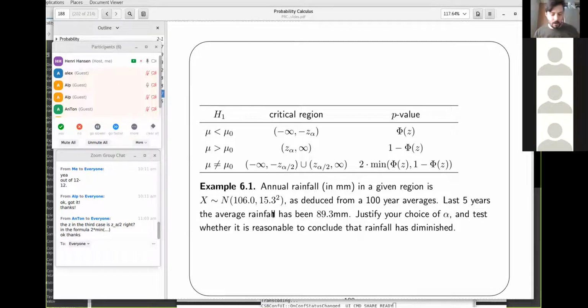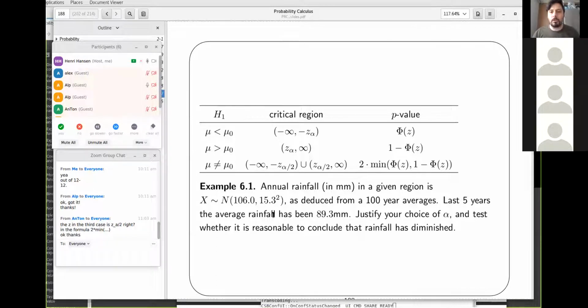Good. The question asks, is it reasonable to conclude that the rainfall has diminished? So our alternative hypothesis is that mu is smaller than mu zero, okay?